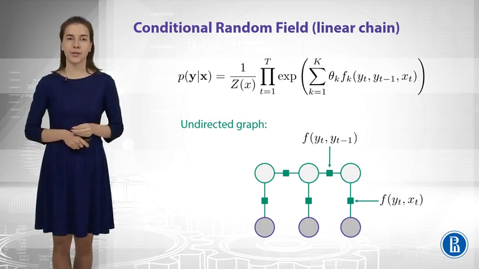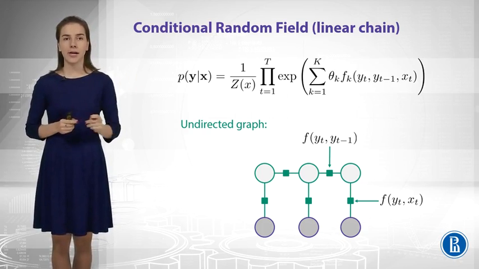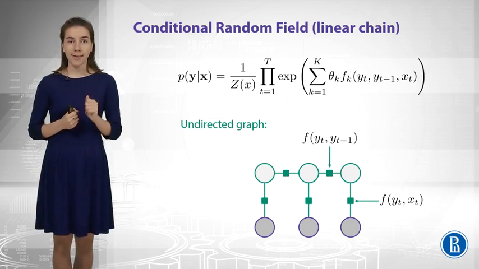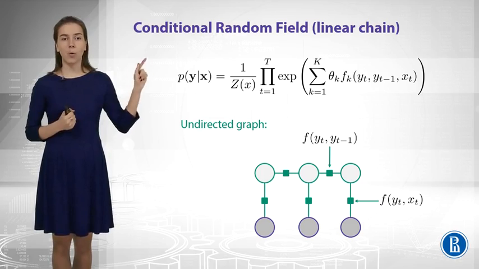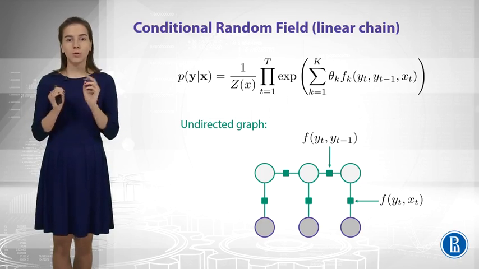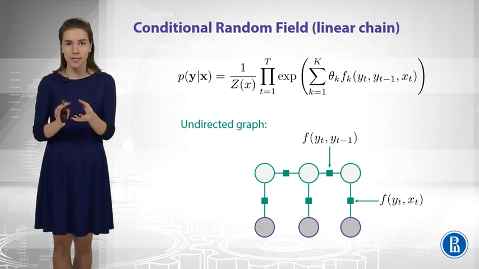But what is the difference? Do you see an important difference between CRF and the maximum entropy Markov model? The thing is that now you have only one normalization constant that goes outside of the product. So you do not have any probabilities inside at all. So the model is not factorized into probabilities.